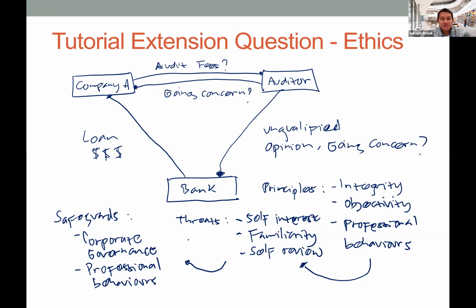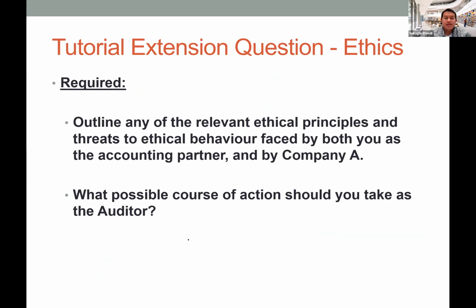So this is pretty much the case. And then lastly, what possible course of action should you take as the auditor? If you are the auditor in this case, in my opinion, you should issue a disclaimer or qualified opinion, because you have identified going concern issues within this company.